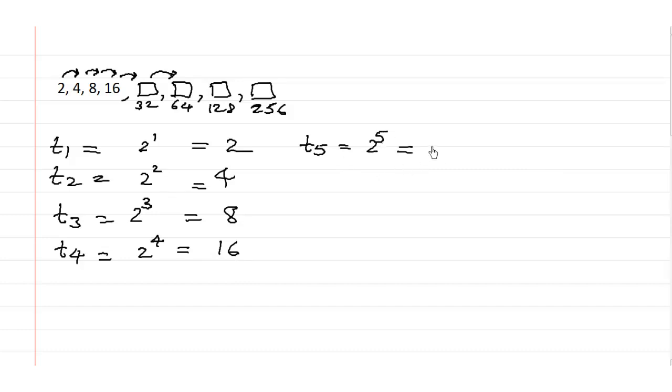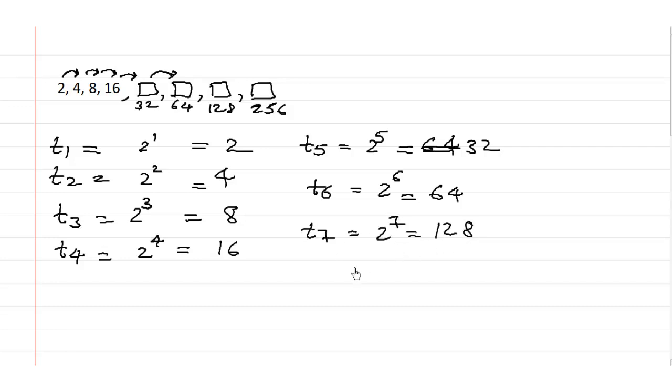This time we are not subtracting the 1, it is 32. Then T6 is 2 raised to 6, which is 64. And T7 is 2 raised to 7, which is 128. And T8 is 2 raised to 8, which is 256.